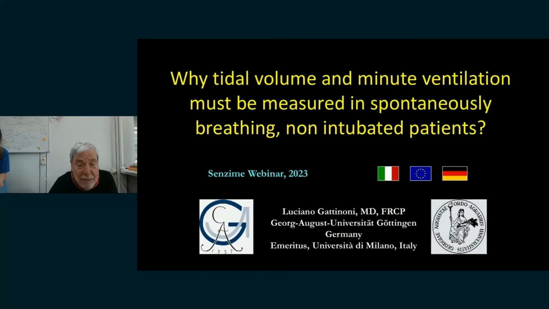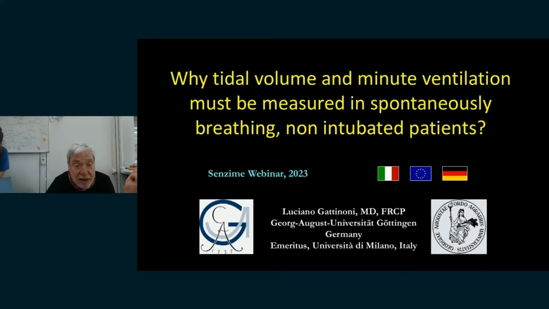Now, my dear colleagues, tell me, what do you monitor when you have a patient in spontaneous breathing? During mechanical ventilation, we monitor almost everything. We know the pressures, we know the volume, we have the pulse oximeter, the PCO2, the tidal CO2. In spontaneous breathing, we just sometimes have an idea of tidal volume, which is questionable, and almost nothing else.